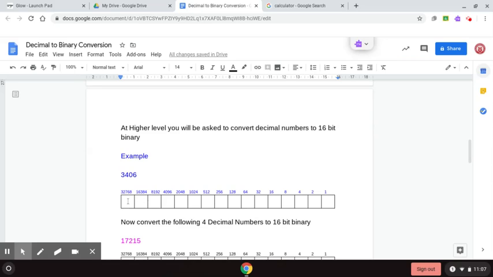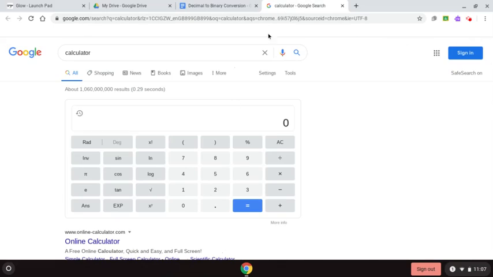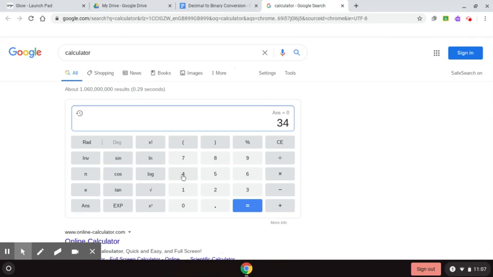So 3406, it's smaller than 32,768. It's smaller than 16384. It's smaller than 8192. It's smaller than 4096. It's bigger than 2048. Now, this is where a calculator comes in. So you would do 3406 minus 2048 equals 1358.